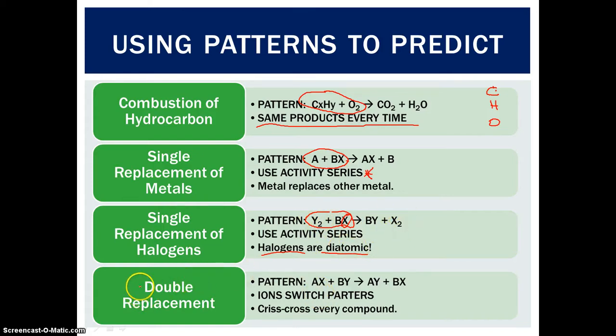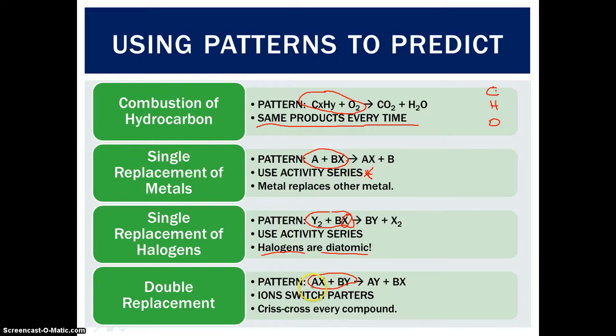The last one is double replacement reaction. You recognize these by two ionic compounds. And what's going to happen is the ions will switch partners.